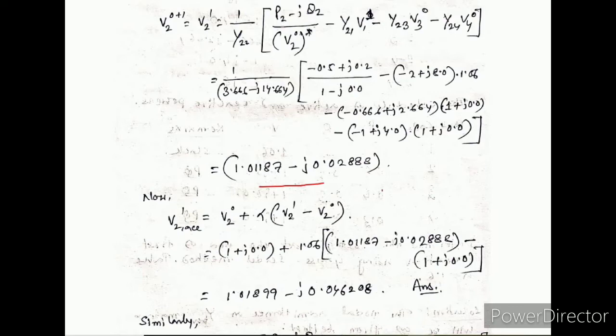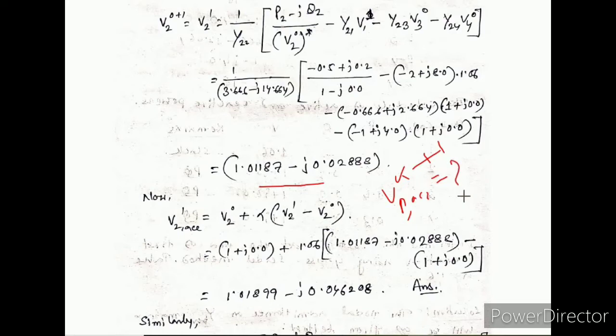That means we know Vp accelerated to the power k plus 1 equals Vp to the power k plus alpha into Vp to the power k plus 1 minus Vp to the power k. This was the formula, which I gave in my previous lecture.